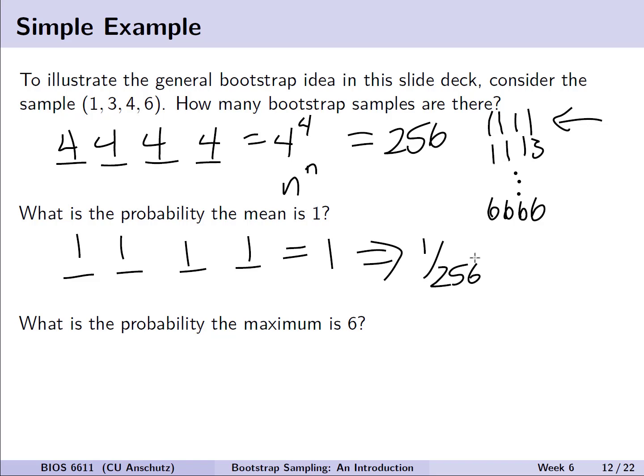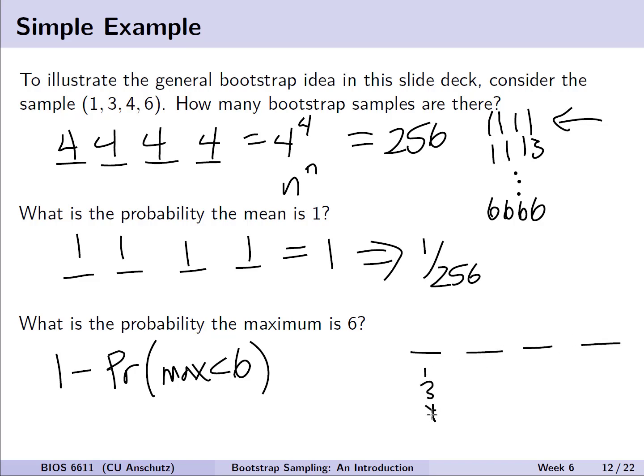Likewise, we may wish to ask, well, what's the probability that in a sample the largest value I observe is 6? In this case, it's a little trickier, but we can note that instead of calculating the max as 6, we can say, what's the probability that the max is less than 6? And then have 1 minus that. The reason this could be thought of as easier is because if we sketch out our 4 choices again, we really know that if we were to write out each of the 4 numbers here that we could possibly have observed, we can't have the value of 6 for any one of them, because obviously as soon as 6 is in the sample, the max value is 6.